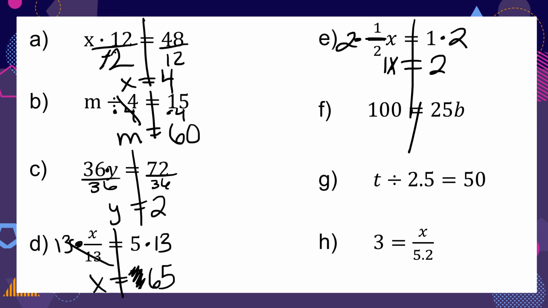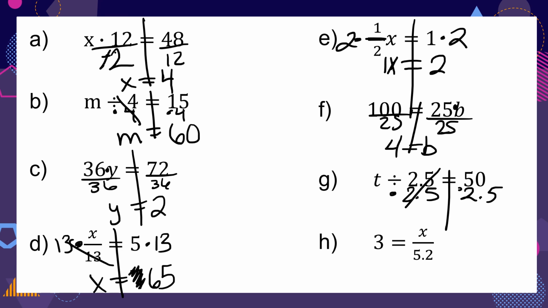Instead of times by 25, we're going to divide by 25. Instead of divide by 2.5, we're going to times by 2.5. Instead of divide by 5.2, we're going to times by 5.2.